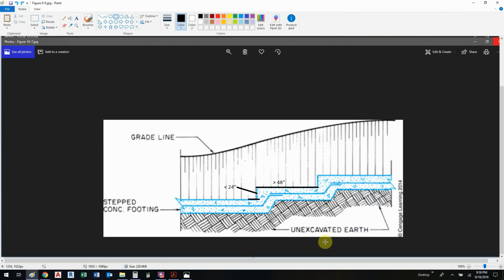So let's see if I can do this. There's 1, 2, 3. All right, so that's 3 blocks that we can go there. Now this only says that we're going up 8 inches, but we can go 1, 2, 3.